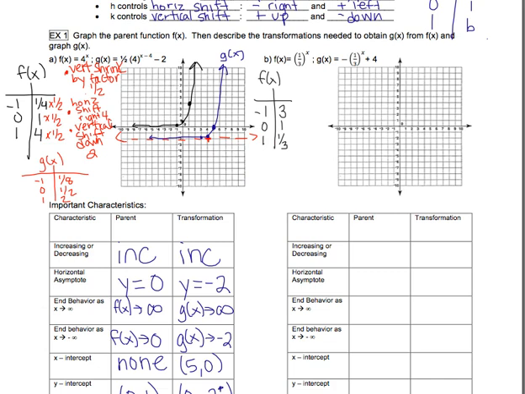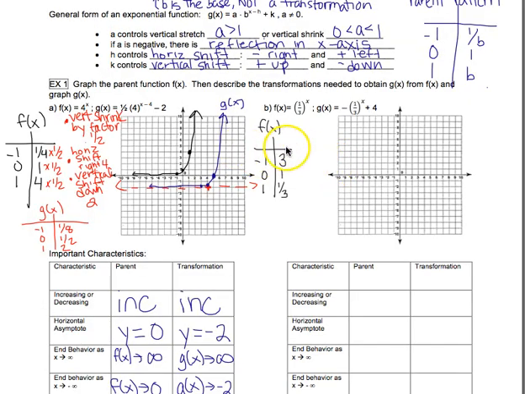Now I'm going to list my transformations. All right, so when I look at my transformation, I see I have a negative in front. Remember that anything multiplied in front is an a value. So this is saying a is -1. So the 1 itself doesn't cause a change, but our second bullet point, if a is negative, there's a reflection in the x-axis.